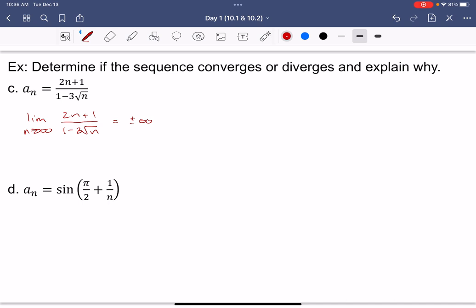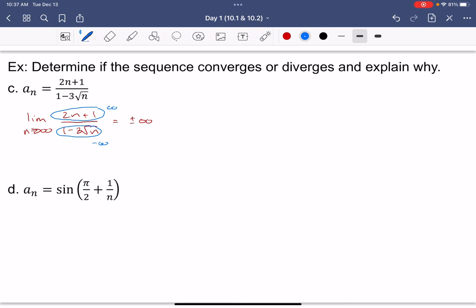How I would figure that out is I would just eyeball what's going on in the top and bottom. If you were to plug infinity into the top, this would give you a positive number because 2 times infinity plus 1 is a positive number. But if you were to plug it in the bottom, 1 minus 3 root infinity would end up becoming a negative value.